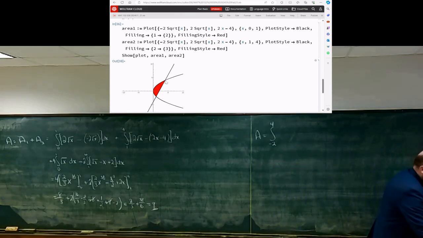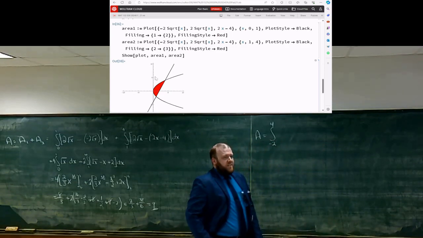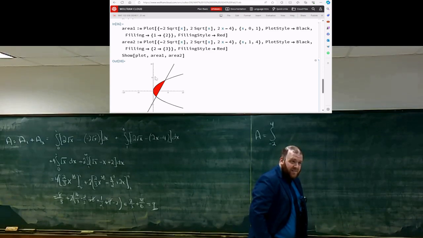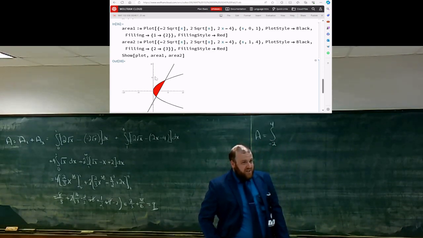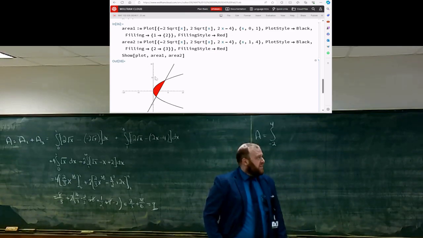Except now, instead of going up, down, right to left. Larger function is the line, right? 2x minus 4. But that's y equals 2x minus 4. We now want x equals a function of y. So we gotta solve for x.